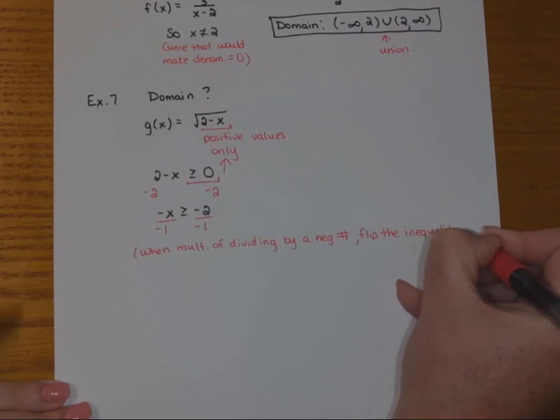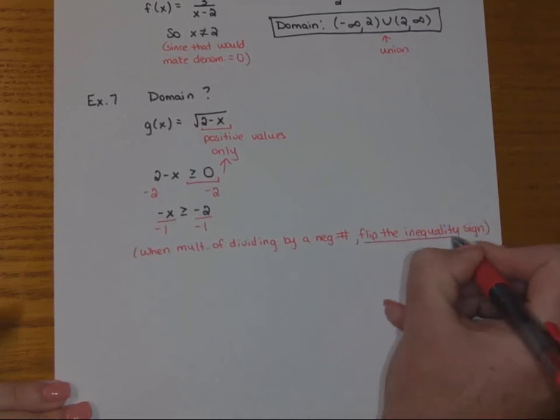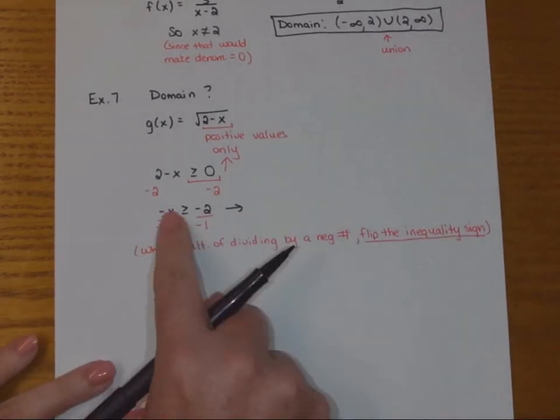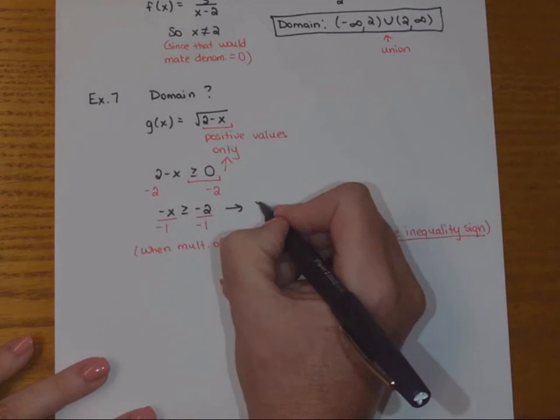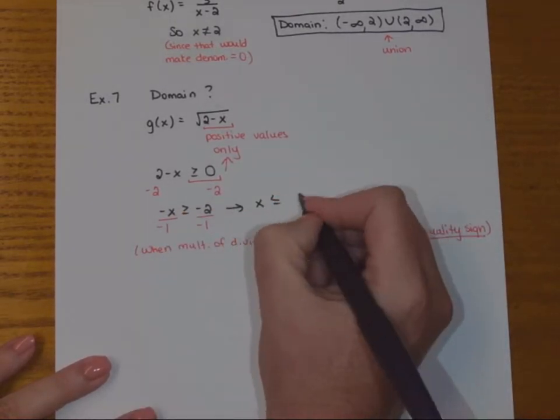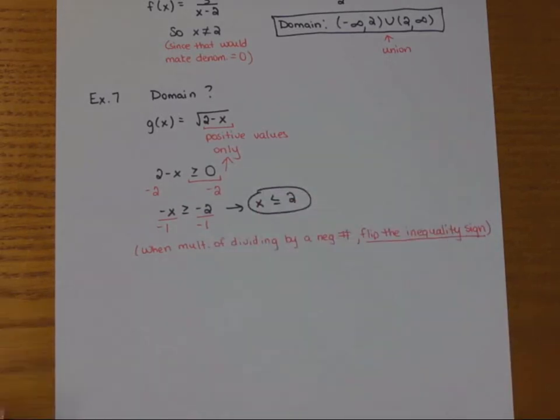Inequality just means not equal to, so it means like less than, greater than. So I'm going to have negative x divided by -1, which is going to make that a positive, but then this greater than or equal to is going to flip over to less than or equal to 2. So I'm going to circle that.